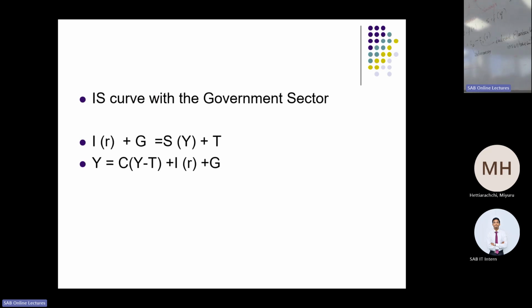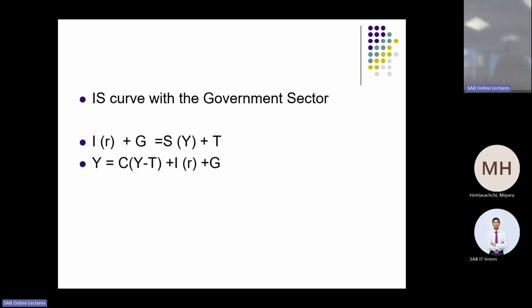Now, if you use investments and the savings, if you draw this, this is our investment function.